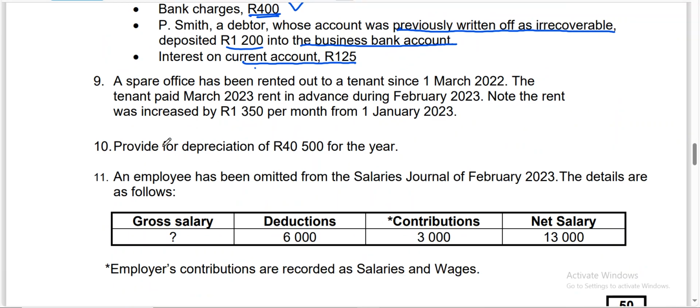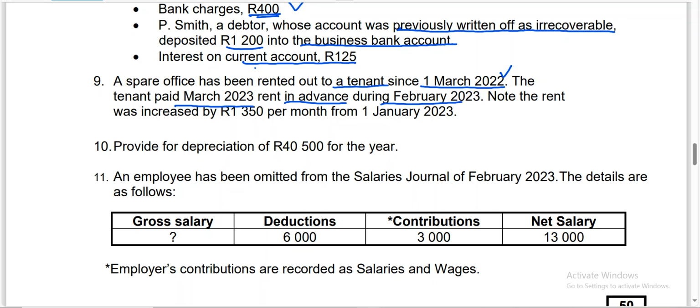The next transaction says that a spare office has been rented out to a tenant since 1 March 2022. So this person started to rent from us from the beginning of the year. They're saying that the tenant has paid March 2023 rent in advance during February.